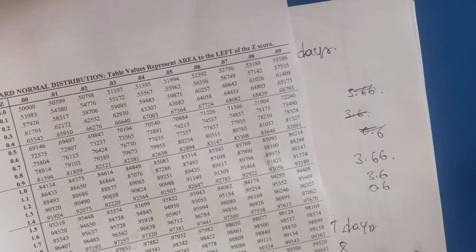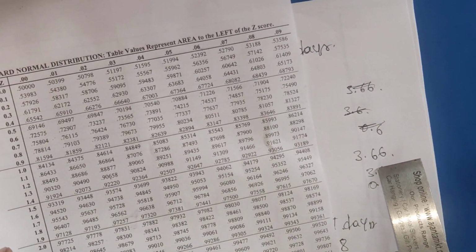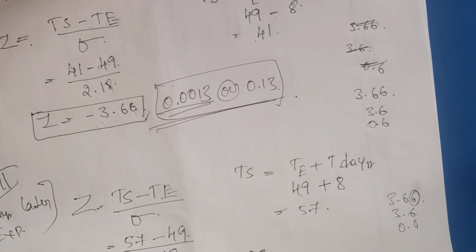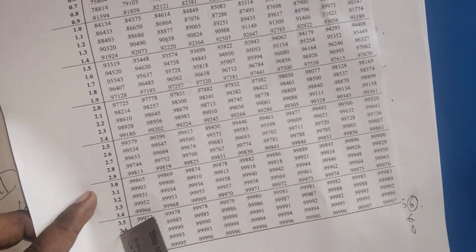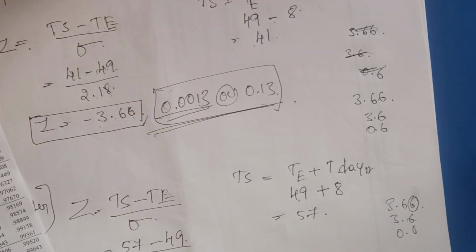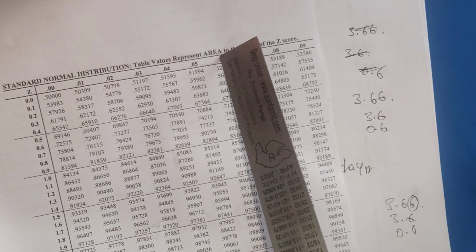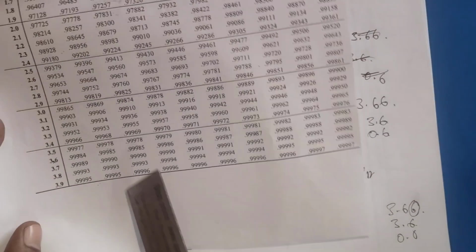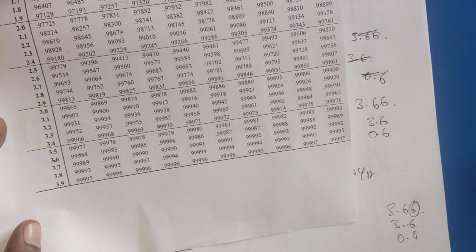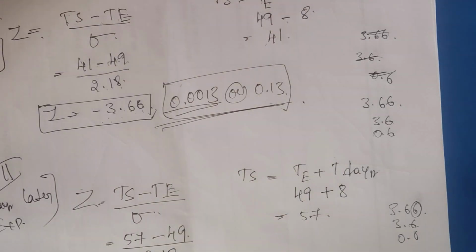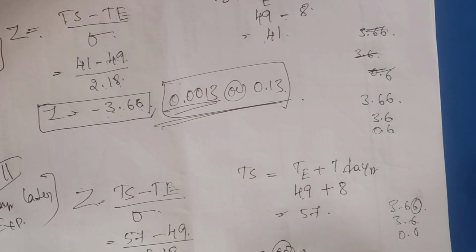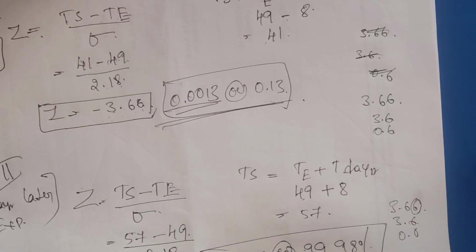Clear? So we find 3.6 in the table, and the rest, 0.6, we find here, and we get 0.9998, or we can say it's 99.98% probability.